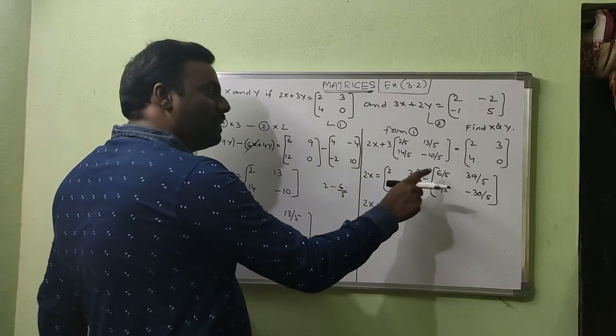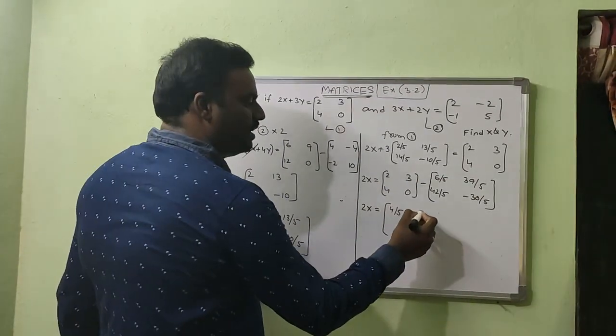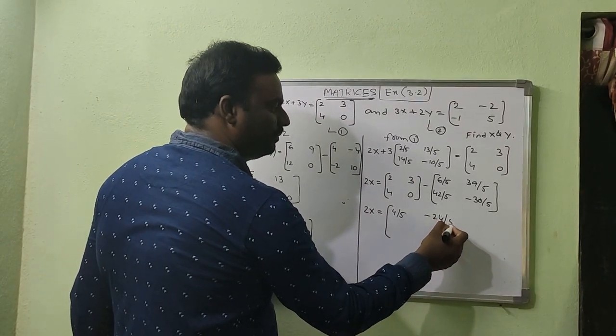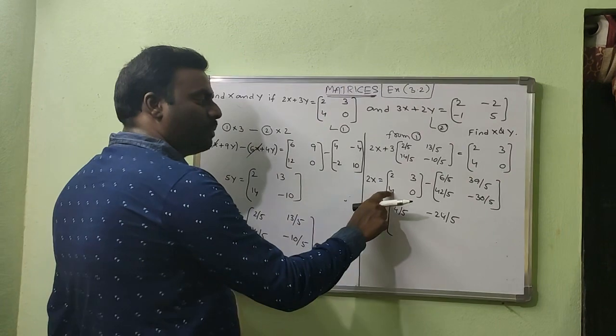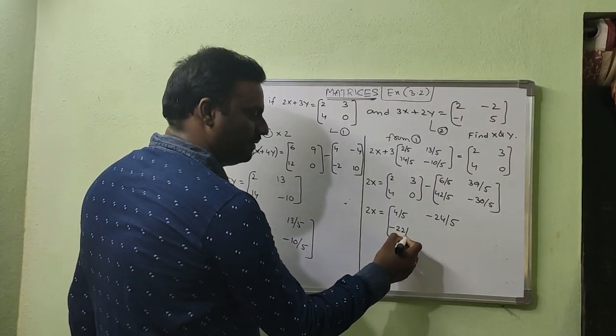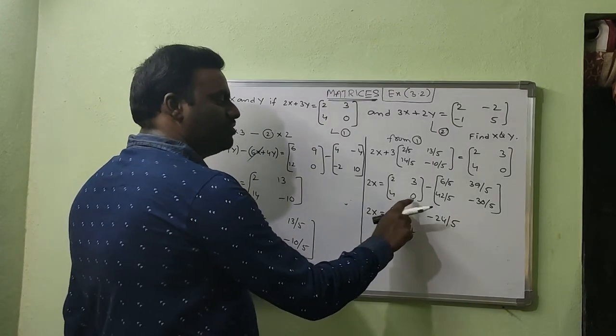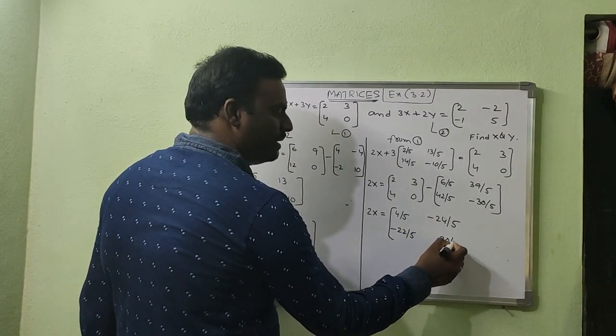Similarly, 3 minus 39 by 5, so minus 24 by 5. Next, 4 minus 42 by 5, minus 22 by 5. 0 minus, minus becomes plus, that is 30 by 5.